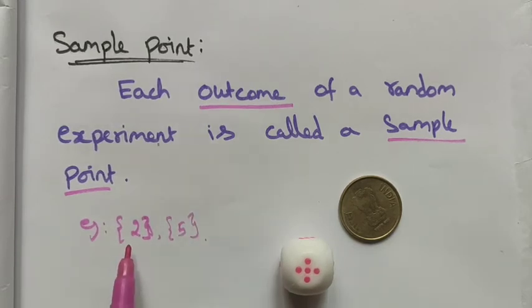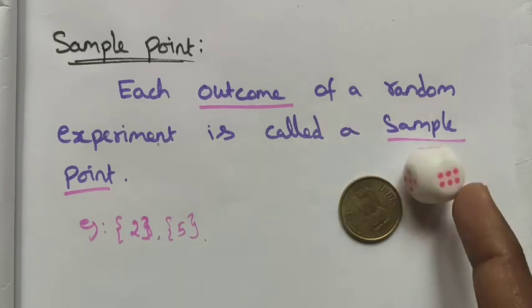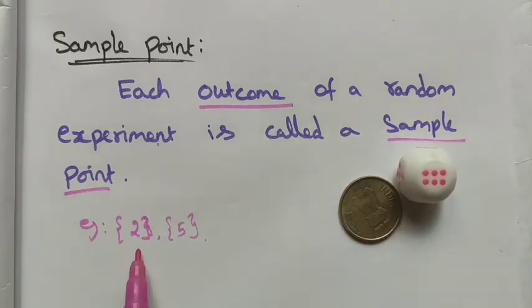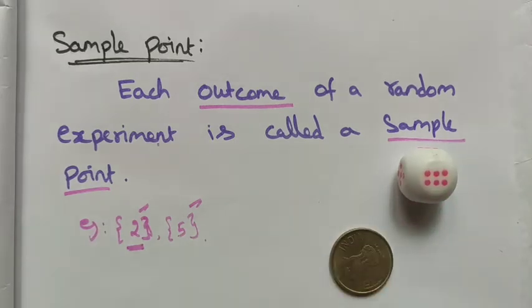We have to use the set bracket here to mention the elements. Once I roll the die, that is an experiment, and the outcome is the sample point. First I get 2, second I get 5. These outcomes are called sample points. Once I flip the coin, we get a head.